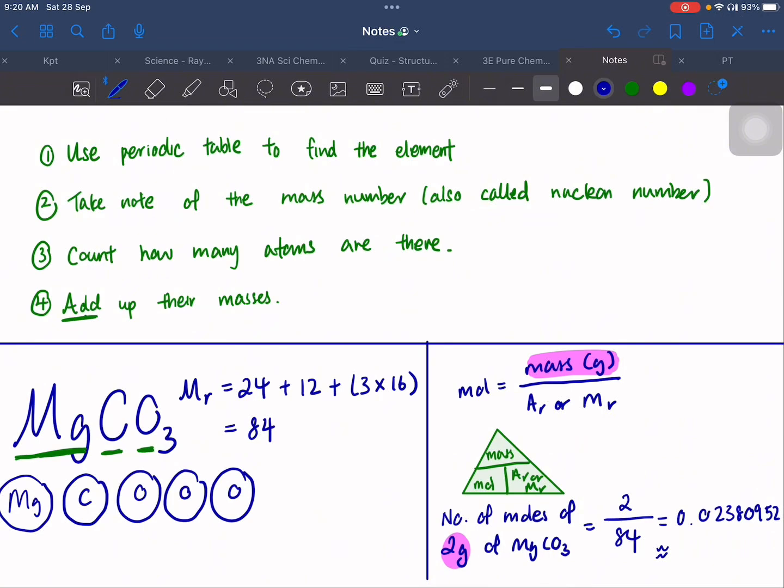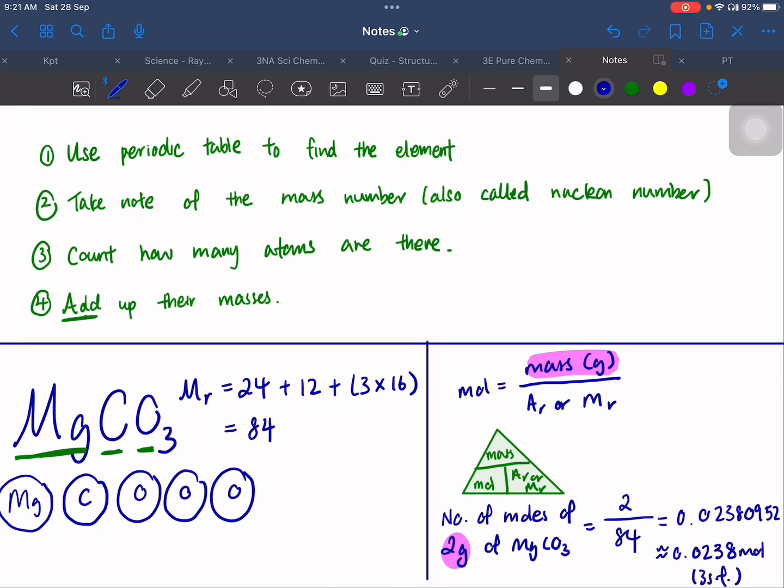So what's 3 significant figures here? 0.0 will stay. Then we look at the next 3 very important numbers, 2, 3, and 8. Because after 8 is a 0, we can just round down and it just becomes 8. Then this will be your answer for the number of moles.